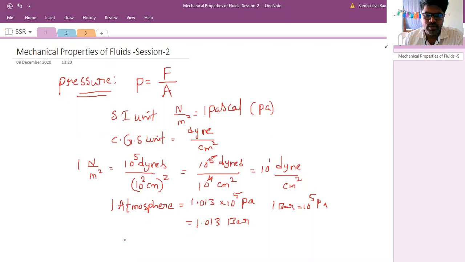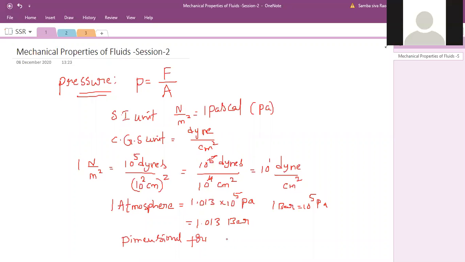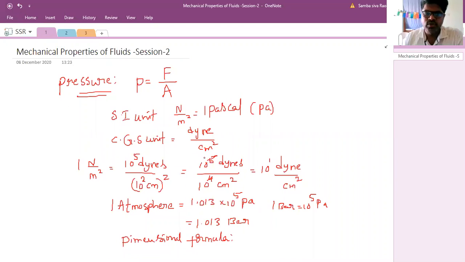Then the dimensional formula of pressure. Here we have F by A, force divided by area. The dimensional formula of force is M power 1 L power 1 T minus 2, divided by the dimensional formula of area, L power 2.